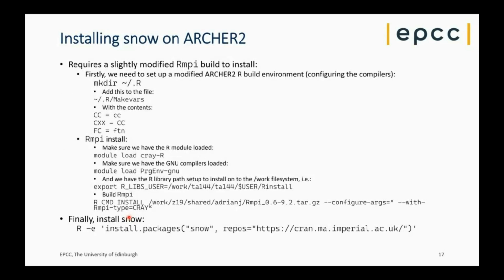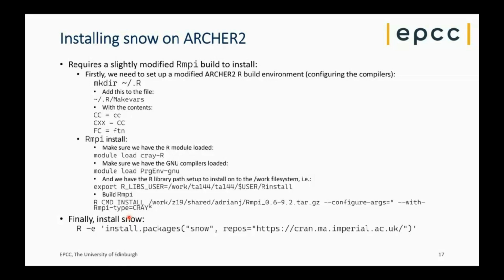How do we get up and running with something like this on ARCHER2? Because snow, the underlying, so everything else we can pretty much just install as standard. But once we start going across multiple nodes, once we start doing distributed parallelism, we really want to be able to install a library which is going to map down to our Cray MPI library.